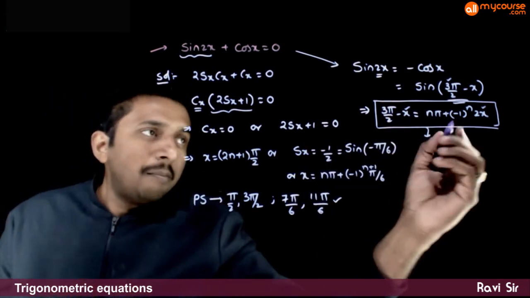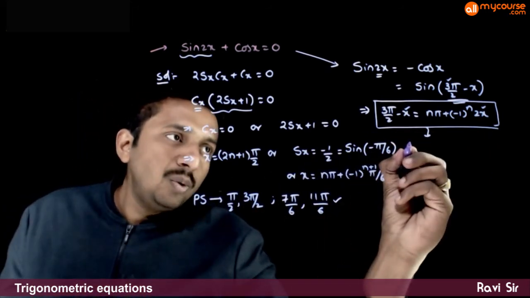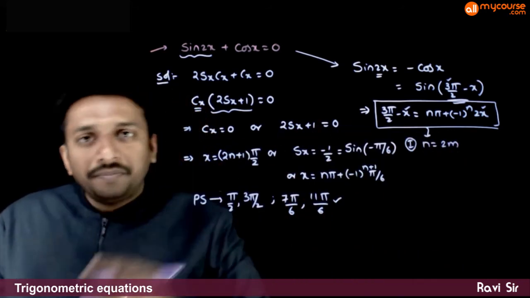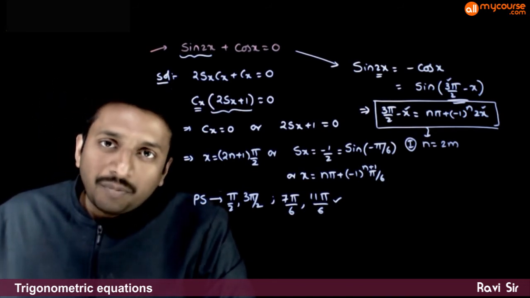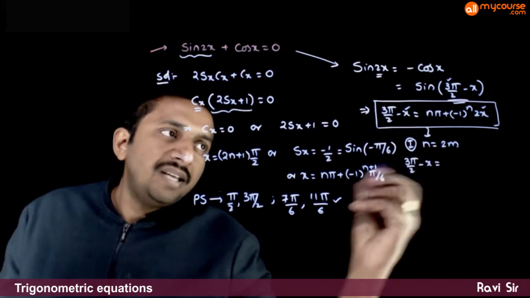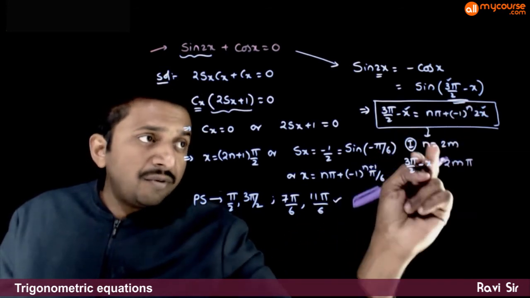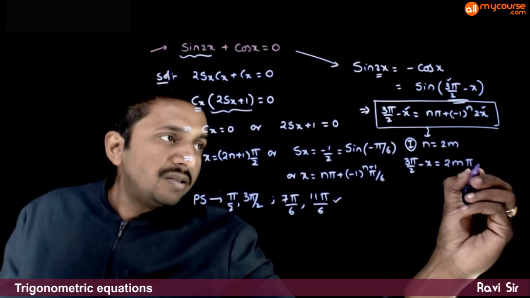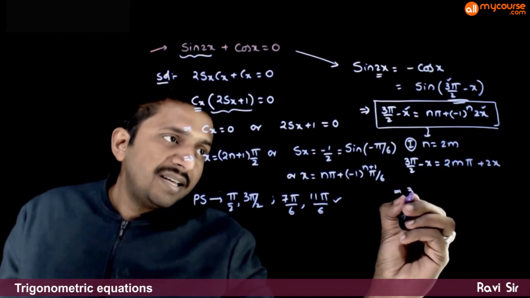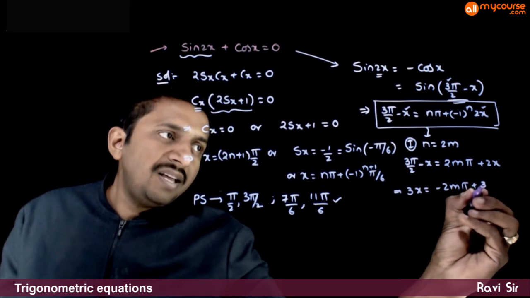First, minus 1 whole power n depends on whether n is even or odd, so I will take two cases. Case 1, let n be an even number 2m. If n is of the form 2m, what happens? 3 pi by 2 minus x is equal to 2m pi, and minus 1 whole power 2m will be plus 1, so you get plus 2x. This implies, if x goes onto that side, 3x is equal to minus 2m pi plus 3 pi by 2.